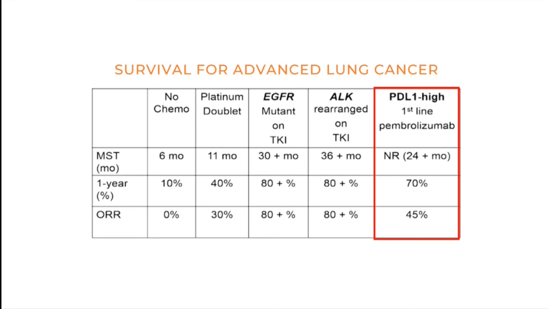Is there cancer spread to the brain? So these are all variables that need to be taken into account when we look at prognosis and survival. Are there mutations for which targeted therapy can be used? If so, the prognosis is far better than if there are no mutations. Right?